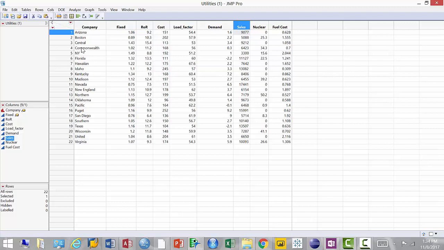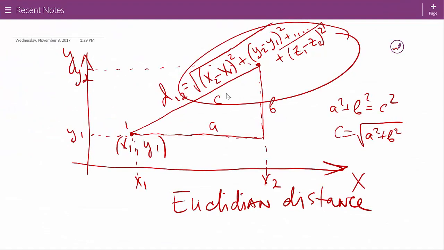So what happens oftentimes when people perform clustering analysis is they say, instead of using these numbers, let's normalize them and create a standardized version. It's like what you probably remember from statistics: the standardized score Z is equal to x minus the mean, divided by the standard deviation. We can do the same thing.